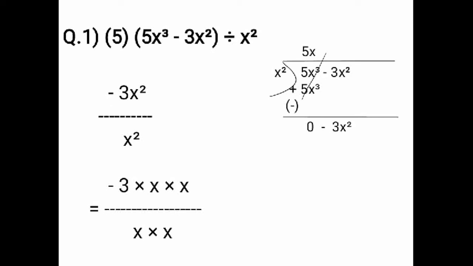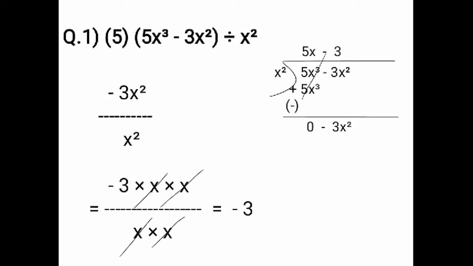You have to cancel both the x on numerator and denominator. So what is left? Minus 3. Okay. When you divide minus 3x square upon x square, you get the quotient minus 3.